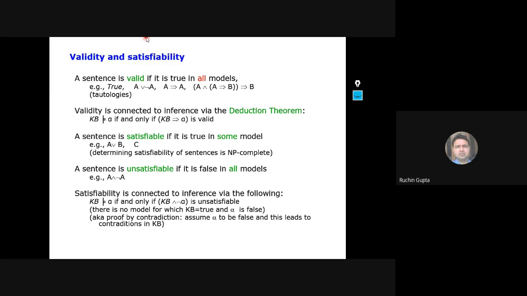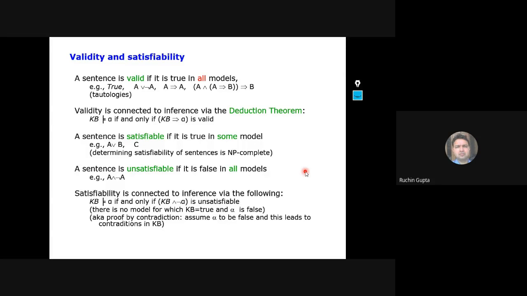In the last class we also talked about validity and satisfiability, so I need not repeat all these things. So what is the main thing? We want to represent the facts using propositional logic, and we want to apply the inferencing mechanism to deduce, to discover new facts based upon the knowledge base we have.